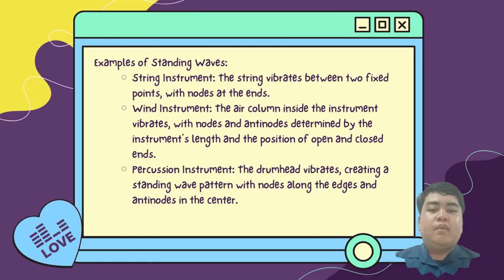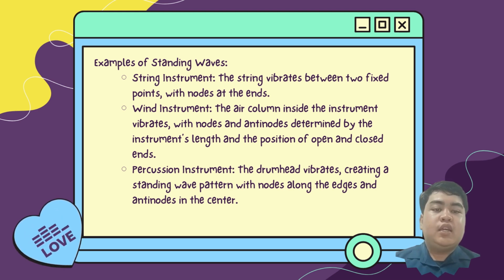We are looking at examples of standing waves. First, in string instruments, the strings vibrate between two fixed points with nodes at the ends, such as the guitar or violin. Next, we have wind instruments.